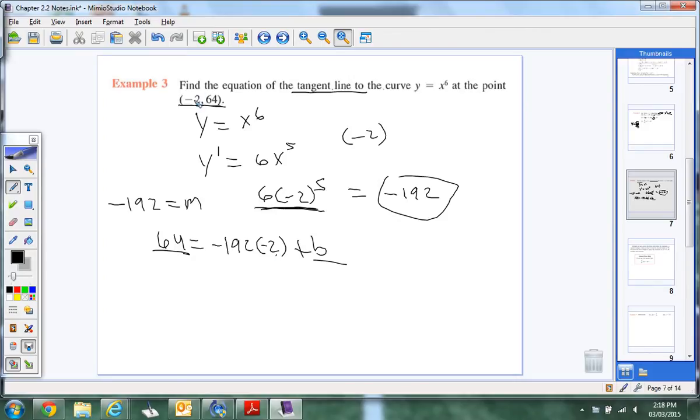So that gives me 64 equals 384, and it's positive, plus b. Minus 384. That gives me -320 equals b.